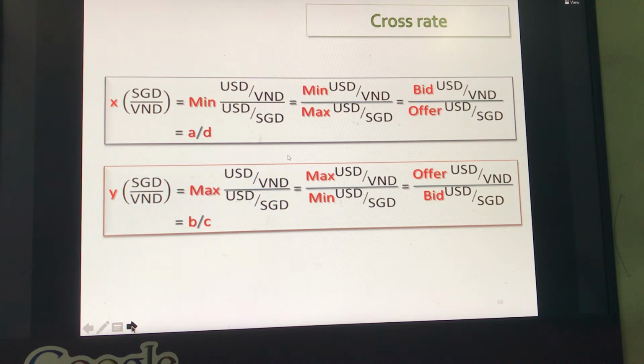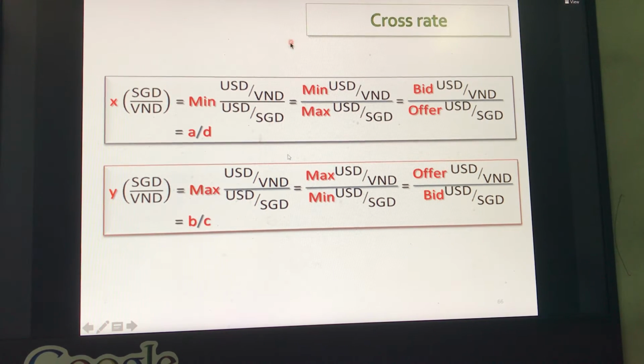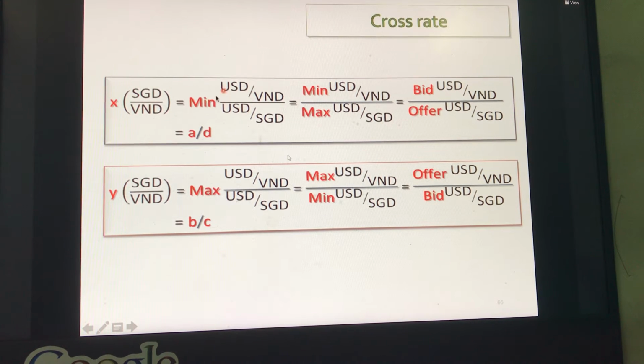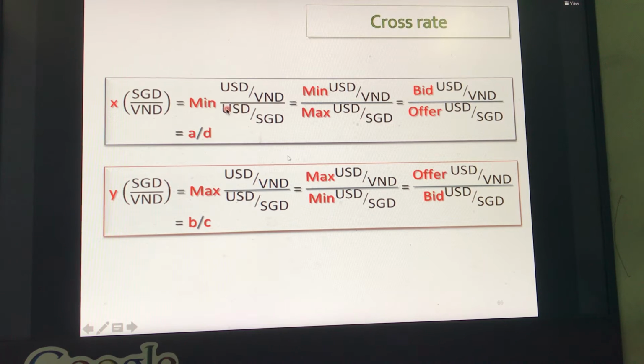In the numerator, we have the exchange rate of USD against VND, and in the denominator, we have the exchange rate of USD against Singapore dollar.